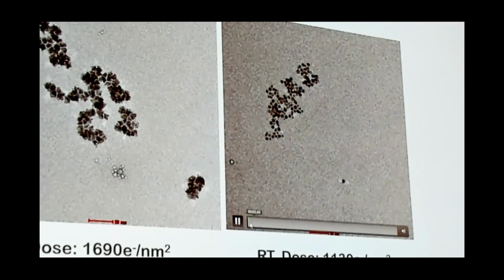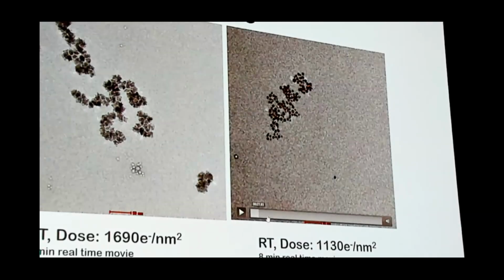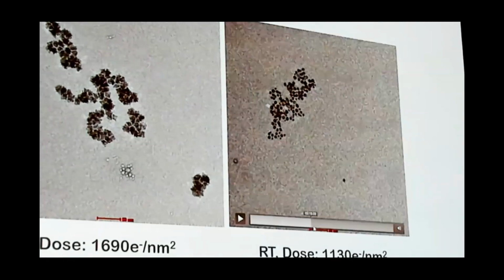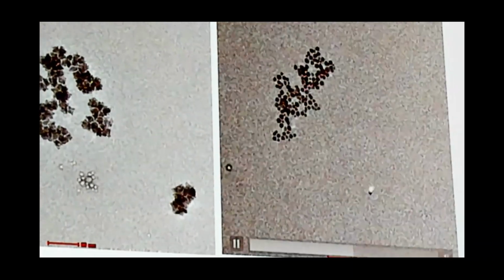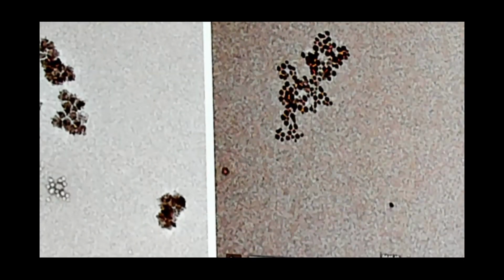But when you reduce the electron dose, and this is with no heating, no temperature, you can see that the particles remain the same over this 8-minute movie. You can see this guy right here is doing a little Brownian motion walk, but nothing is happening. There are no reactions happening. There's no change in the particles.